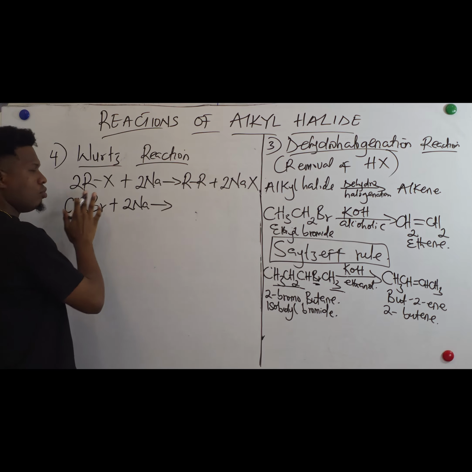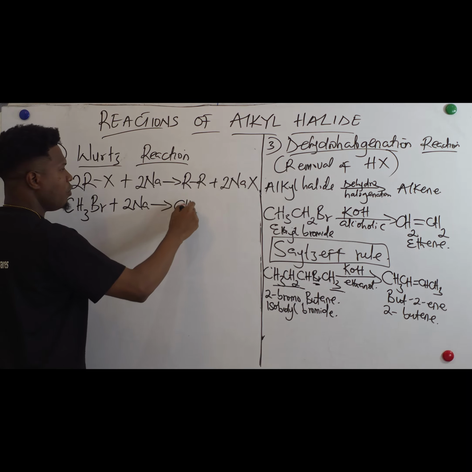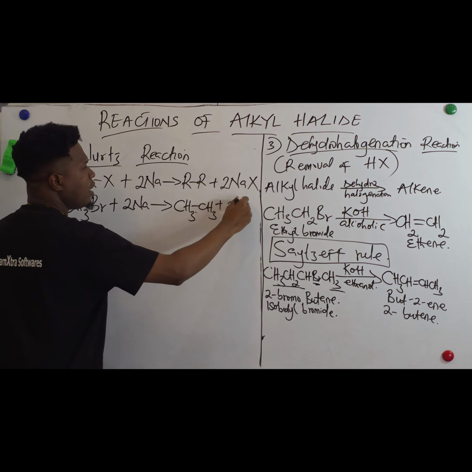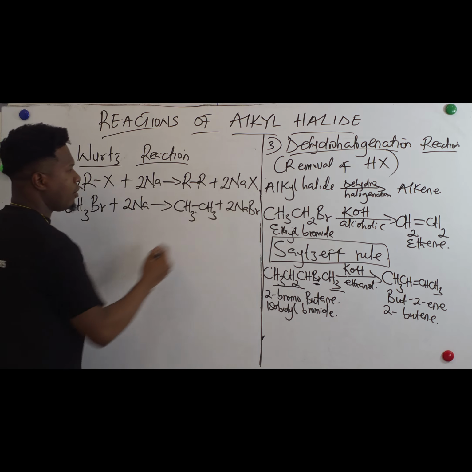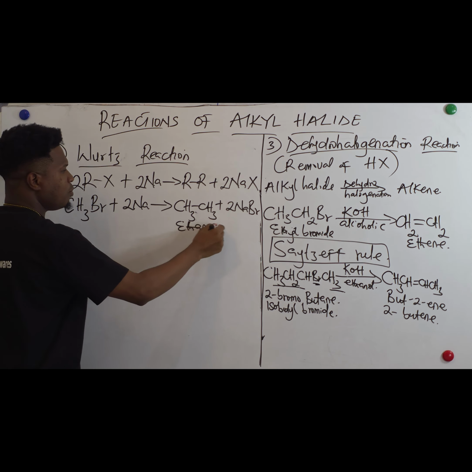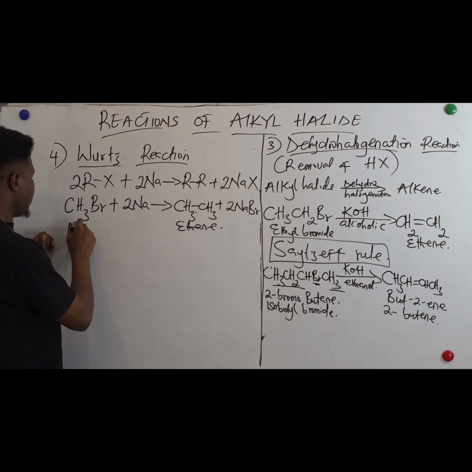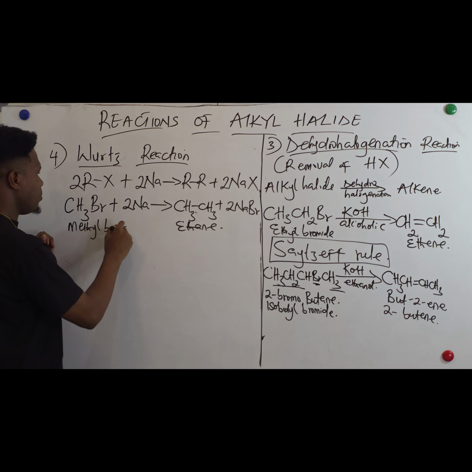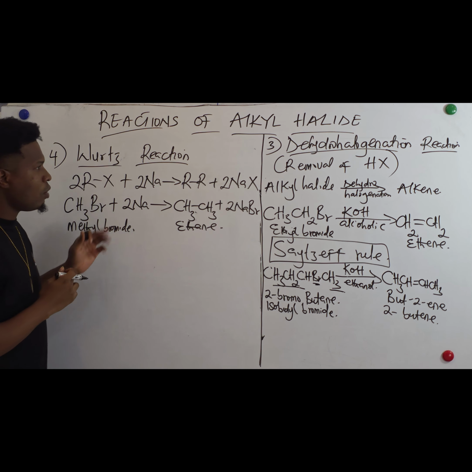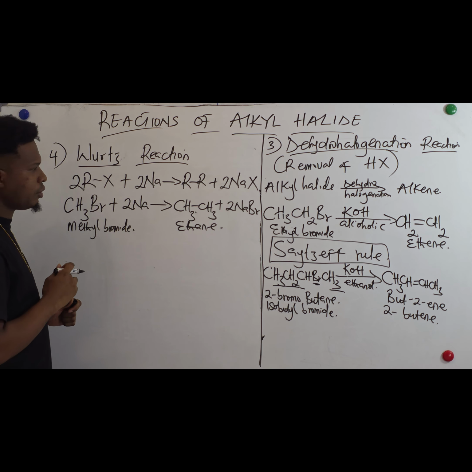Two of them will come together to give this plus 2NaBr. So this compound here is called ethane. Ethane is produced from methyl bromide, okay? So this is what we call the Wurtz reaction, okay?